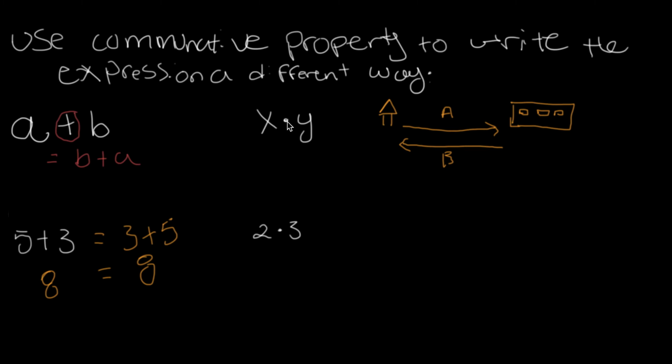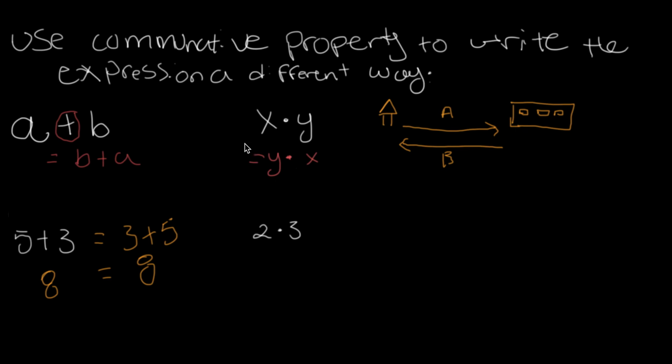So we have x times y. X times y can be written as y times x. Y times x and x times y is the exact same thing. The numbers don't change because we're using an inverse order.